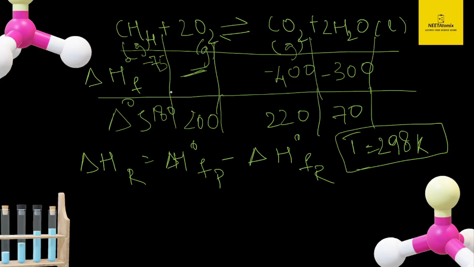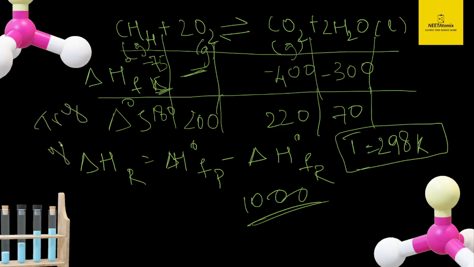This one is given in kilojoule, so multiply it with 1000 and get the answer. This one is a try yourself question, homework. You can substitute all these values in the equation and get the answer.